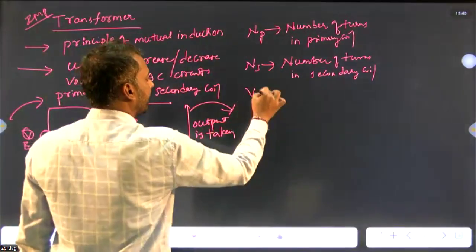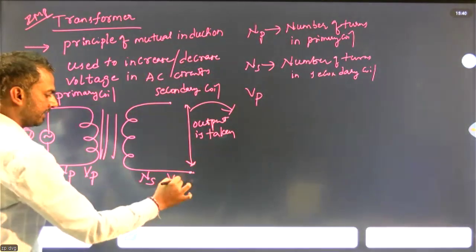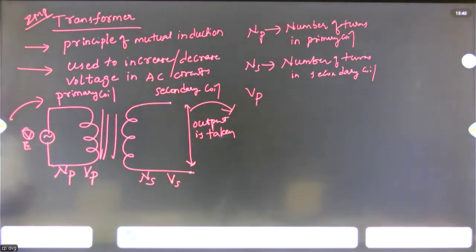What is VP? VP and VS are the voltages in primary and secondary coil. VP means voltage in the primary coil, input voltage.